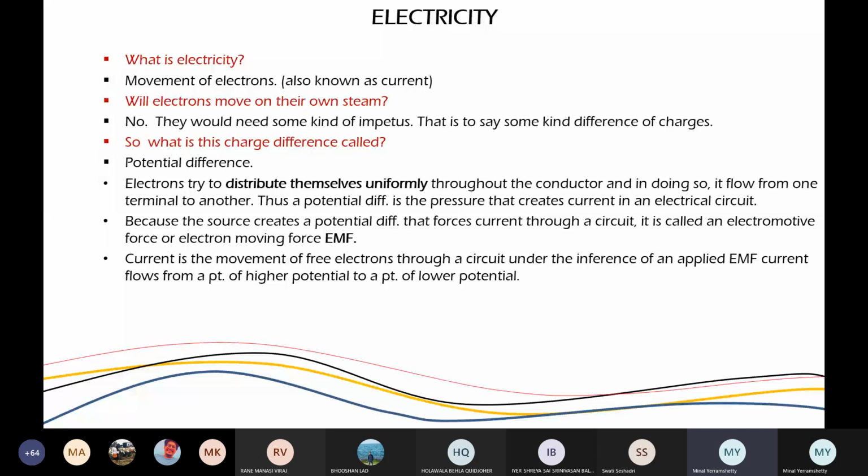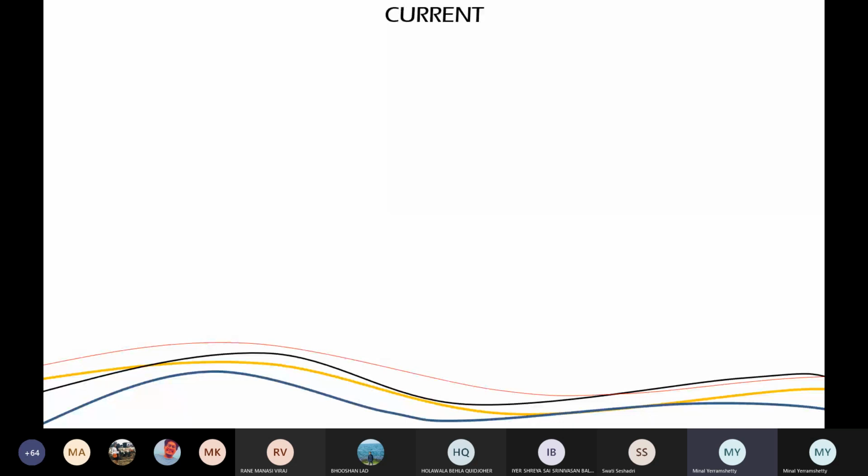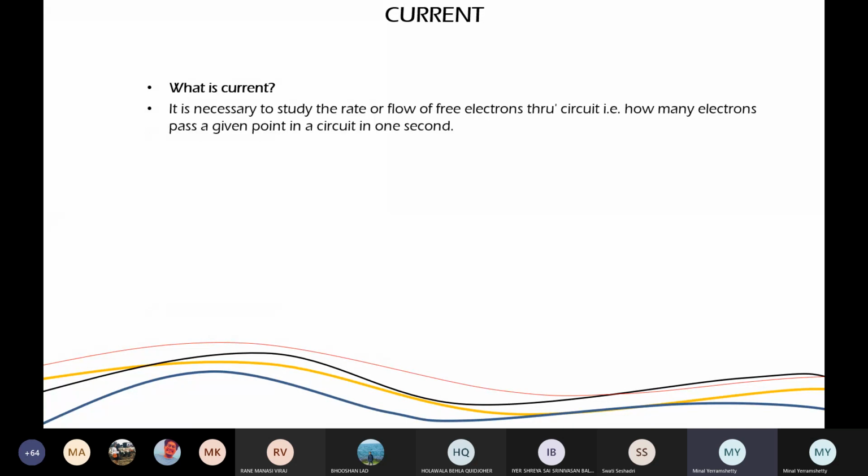So basically, potential difference is another name for EMF, which allows the electrons to flow from a higher point to a lower point. Now, what is current? Current is nothing but the flow of electrons through a circuit. How many electrons pass a given point in one second depends on the potential difference. The higher it is, the more current.